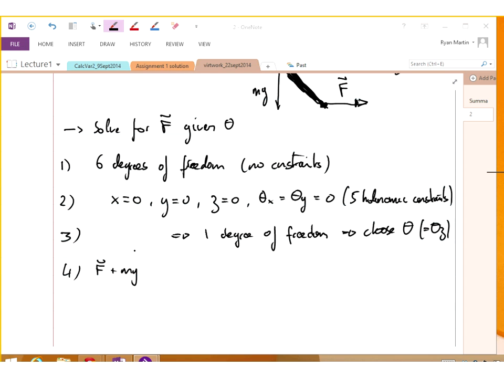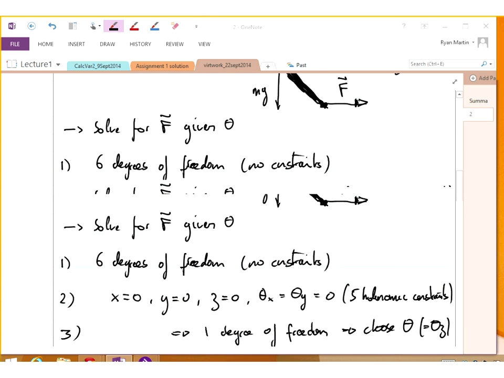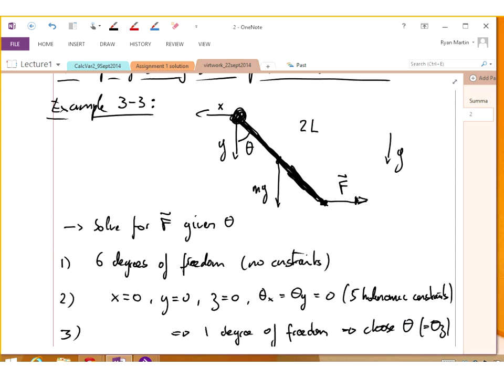Well, it's not a great. I'm sorry, what? Theta z is the axis coming towards you out of the page.